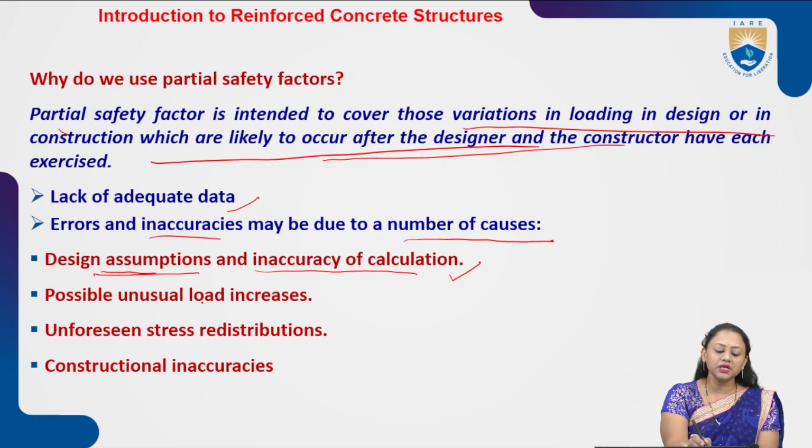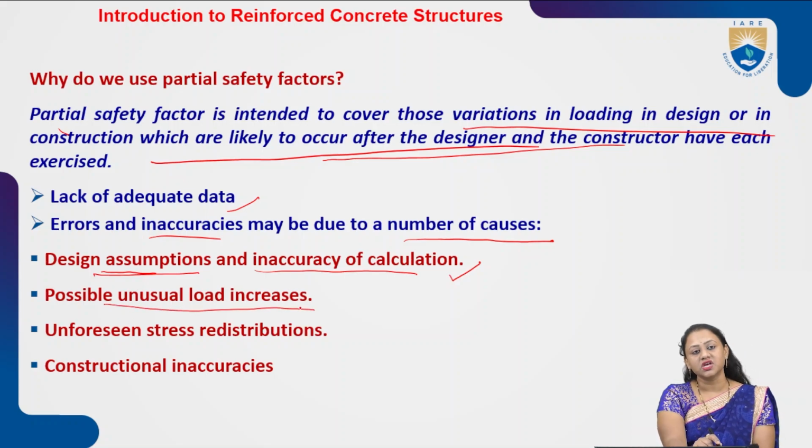There is a possible unusual load increase. During construction, there are different conditions, right? Site conditions may be different. So there is some unusual increase in loads. This is one of the possible reasons. There is unforeseen stress redistribution.